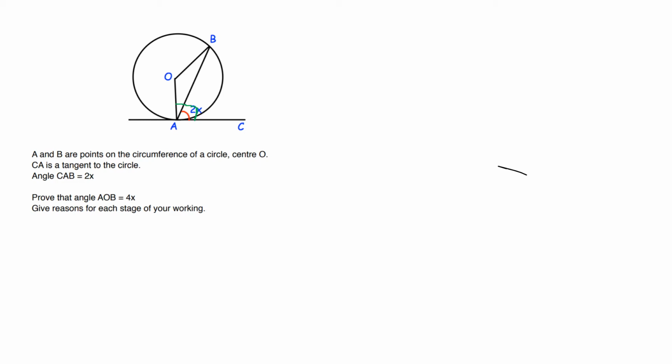Remember, where a radius meets a tangent, the angle at the circumference is 90 degrees. So angle OAB will be 90 degrees minus 2x.